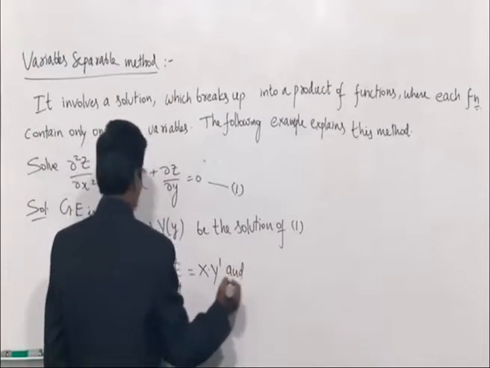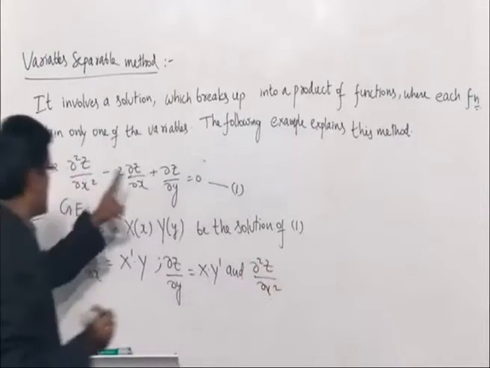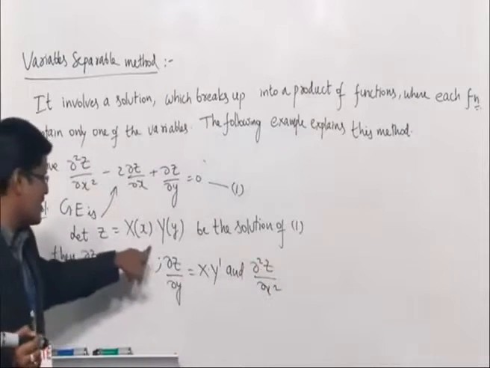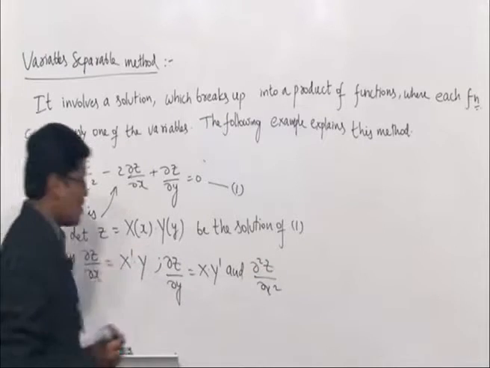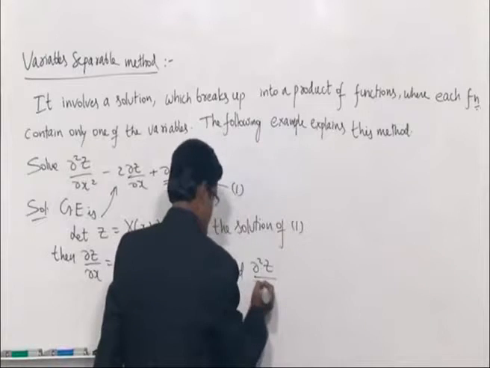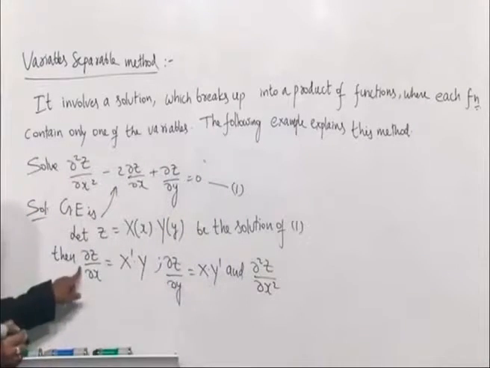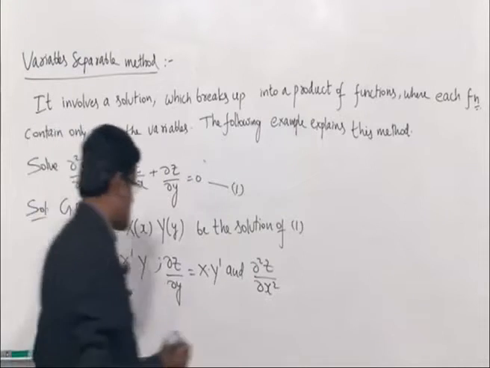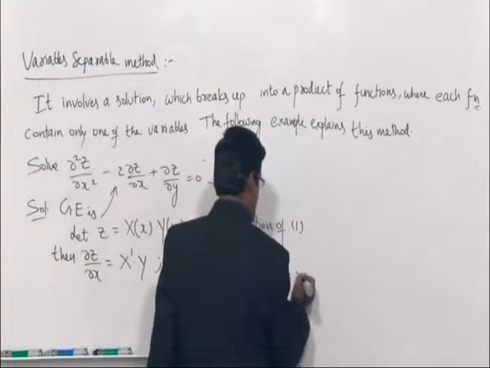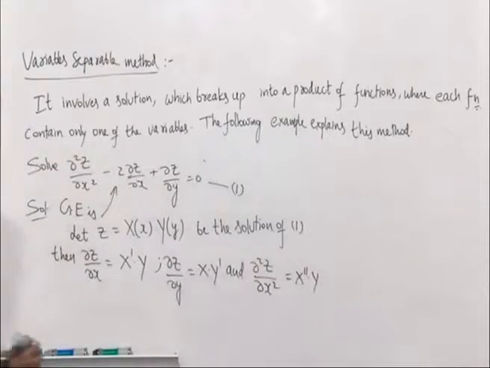And for the other derivative, del square z by del x square, that means whatever derivatives are on the left side, I am calculating using this assumed solution. Differentiating partially with respect to x twice, keeping y constant, gives X double dash into Y. Substituting all these values in equation 1.